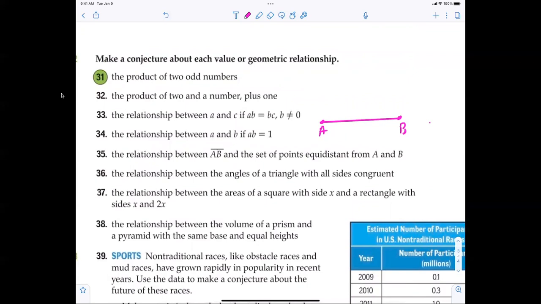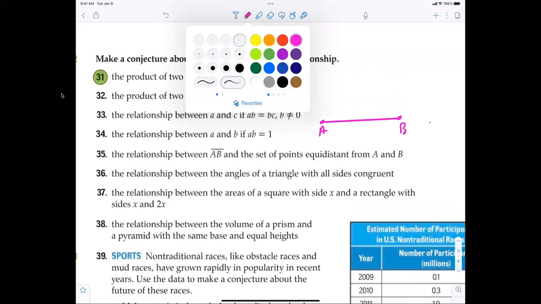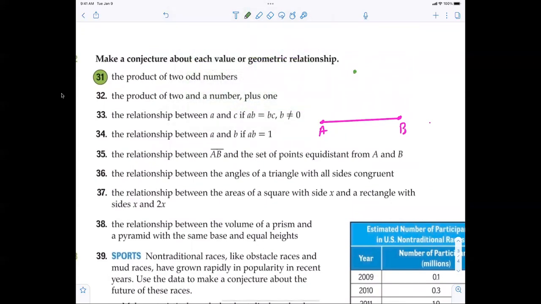I'm not expecting you to get this, it was hard. Is that point equidistant? Right, because I made it equidistant. And then I'm going to put this point right there. Is that equidistant? Yes. Now, this would be considered the midpoint. And all of these points, I'm trying to make the same distance.